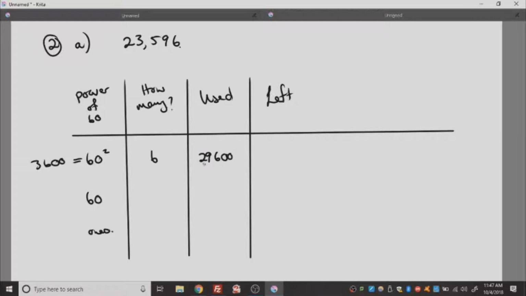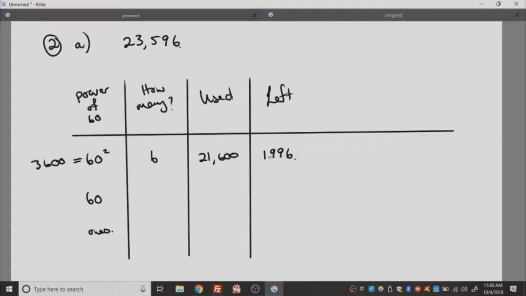21,600. And then I see what is left, by just taking the original amount, subtracting what I've used. It's all calculator stuff. So 23,596 minus 21,600 is 1,996.